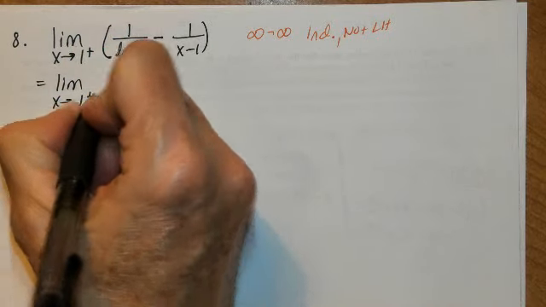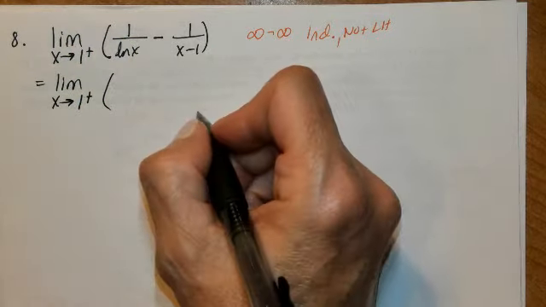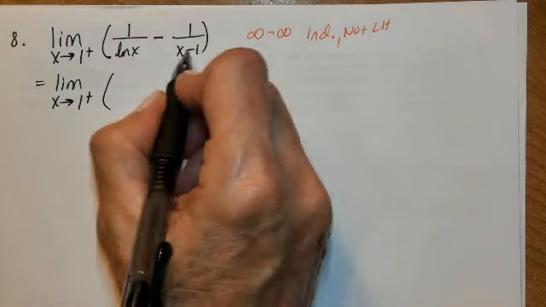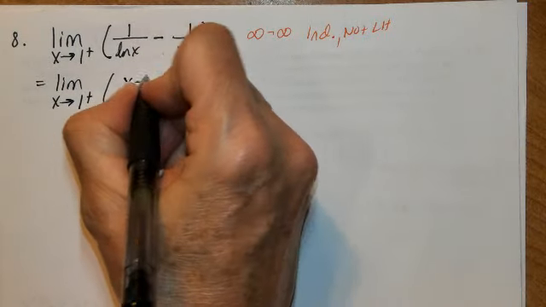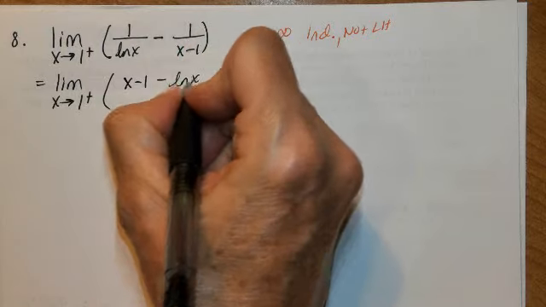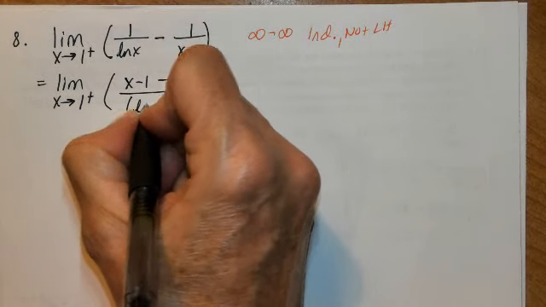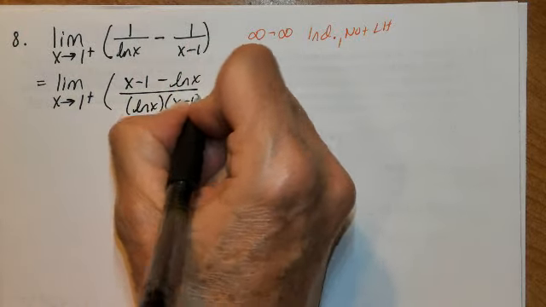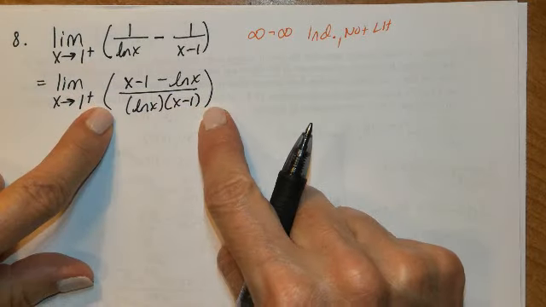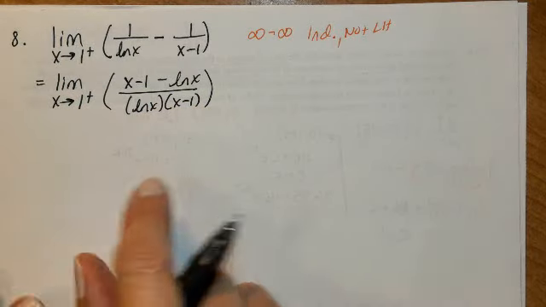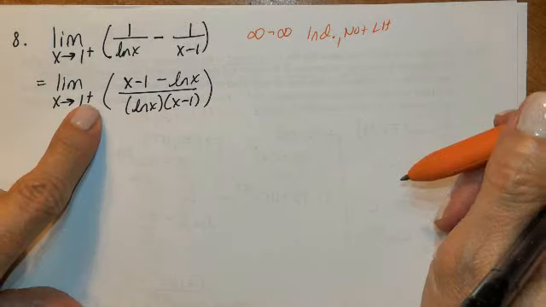So let's force it to be a fraction by adding fractions. How do we add these two fractions? We get a common denominator. That's how you add fractions. So this will be x minus 1 minus ln x all over ln x times x minus 1. And now I don't need those outer parentheses. Okay, let's plug in 1 from the right again.